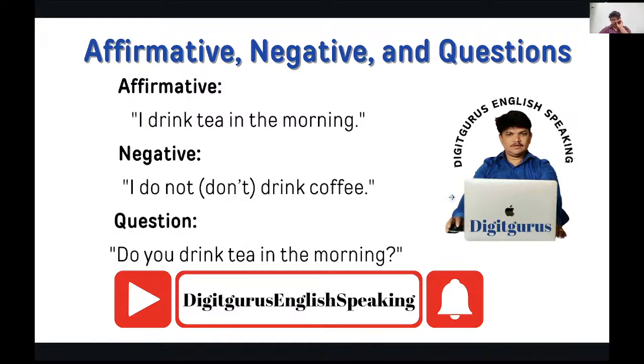Next, after we have learned the formula, that is basic structure of this simple present tense, thereafter now we are going to learn about the affirmative, negative and questions. Now you see, we simply don't speak affirmatively.